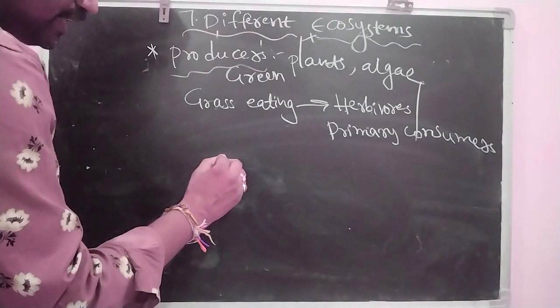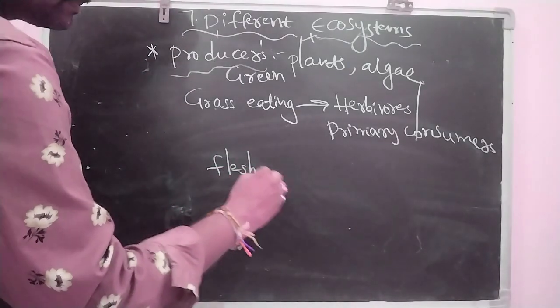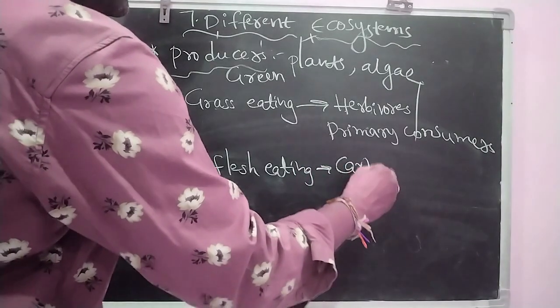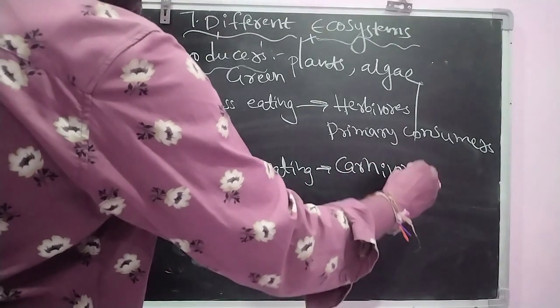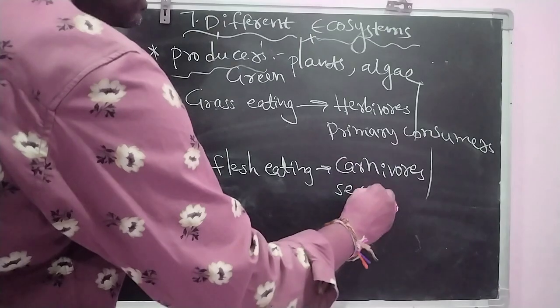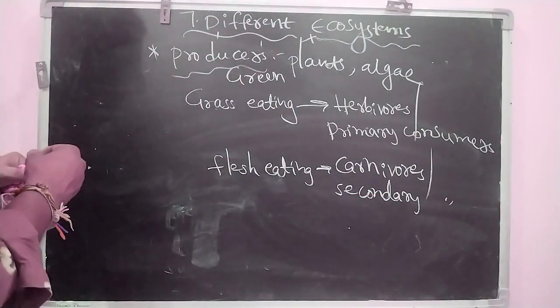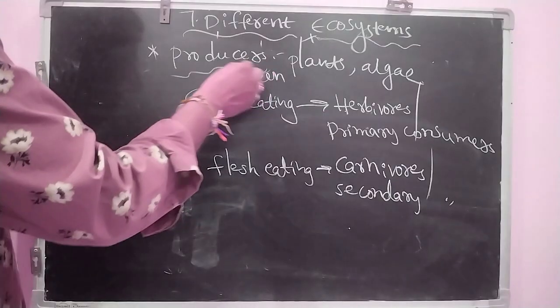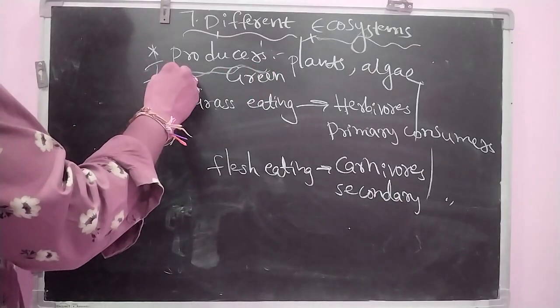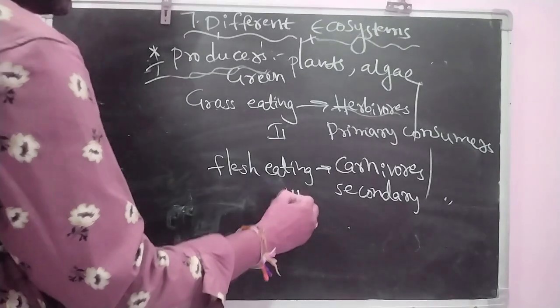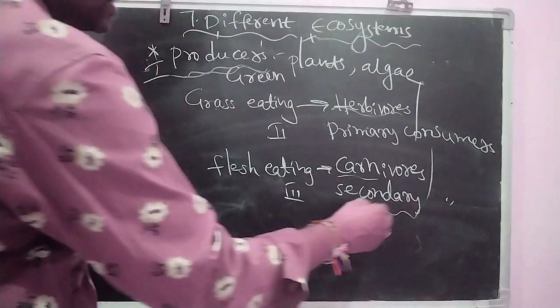Means the animals which eat other animals, means flesh eating animals are called carnivores. Carnivores are also called secondary consumers. So here producers are the first level, second level primary consumers means herbivores, third level carnivores means secondary consumers.